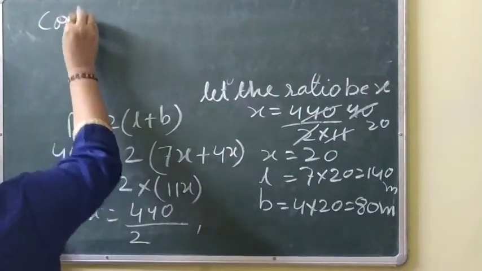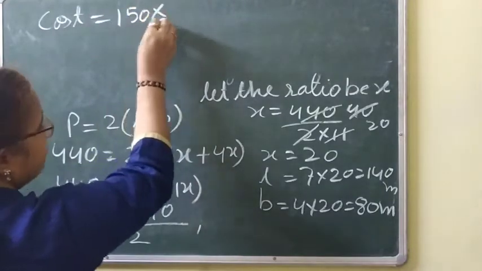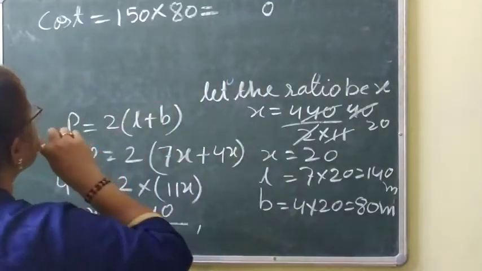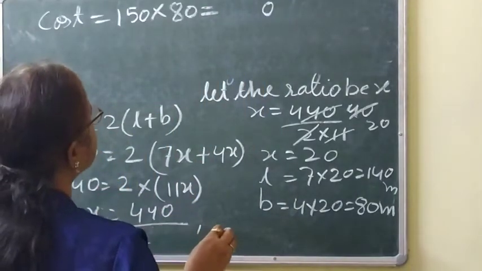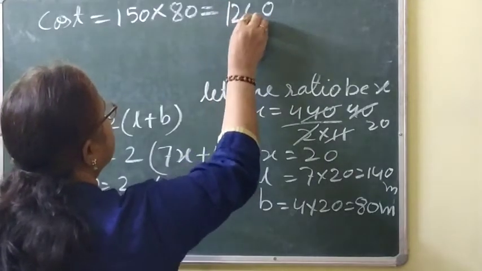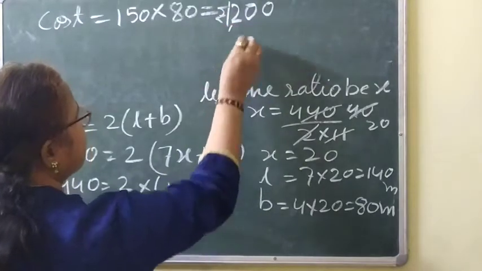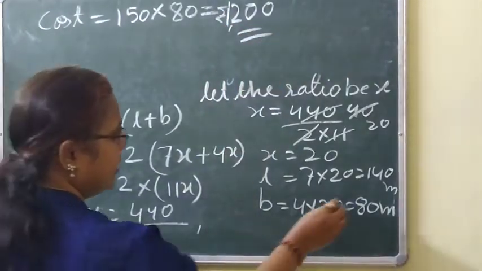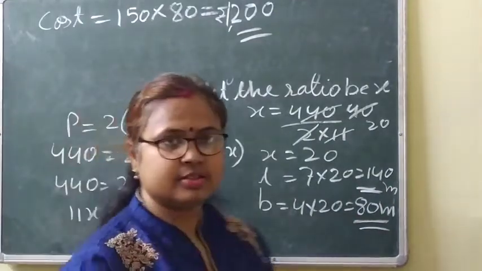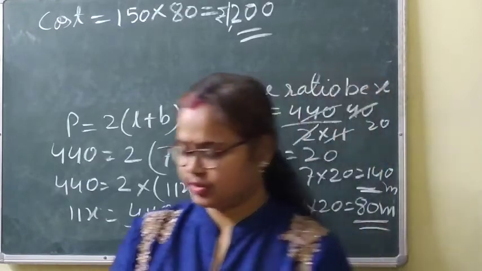So cost is 150 into 880. So rupees what? Rupees 132,000 is the answer. Length 140 meter, breadth 80 meter. Clear? This will be the answer, and this is the process. Okay. Now let's do the next question.